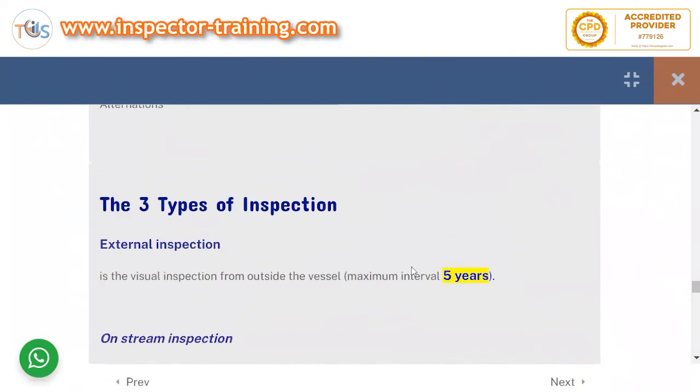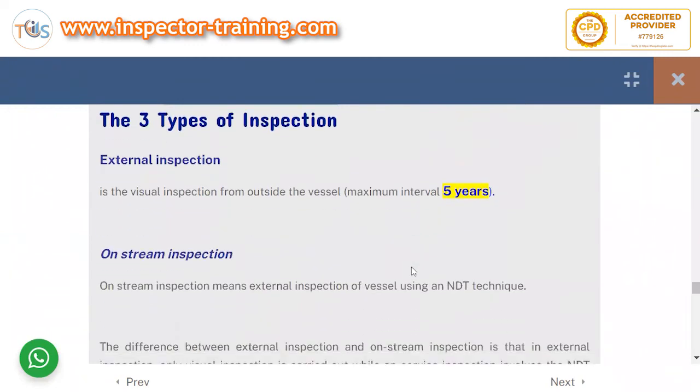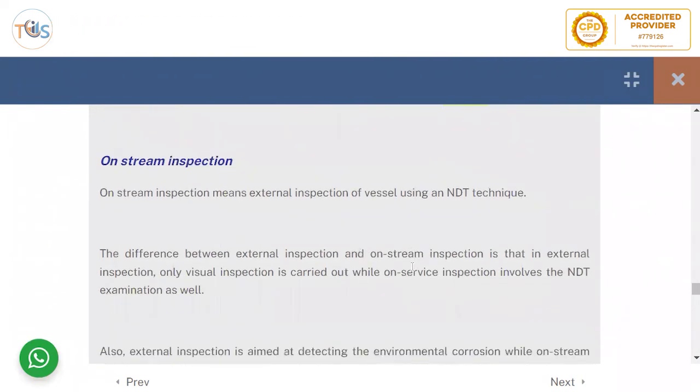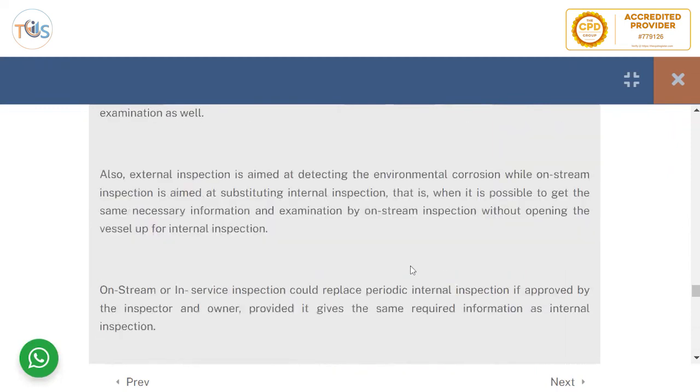And the three types of inspection: external, which has a maximum interval of 5 years, on-stream inspection, which uses NDE techniques, and internal. The difference is that in external inspection normally you only do the visual, whereas on-stream you do the NDE examination also.